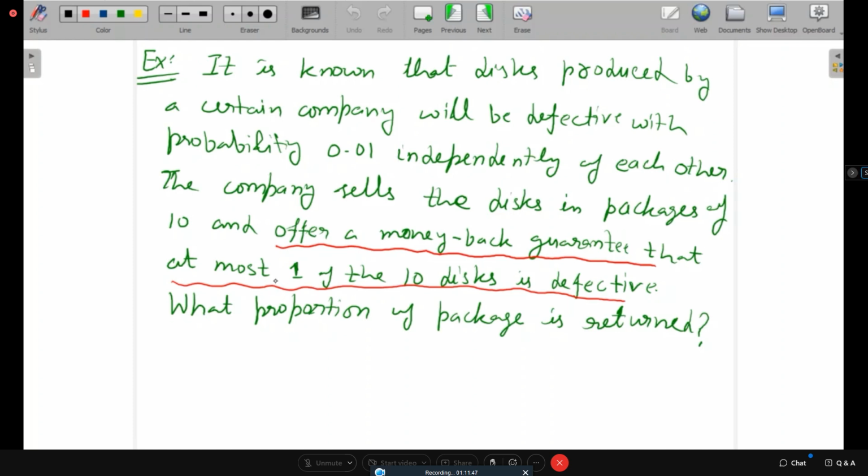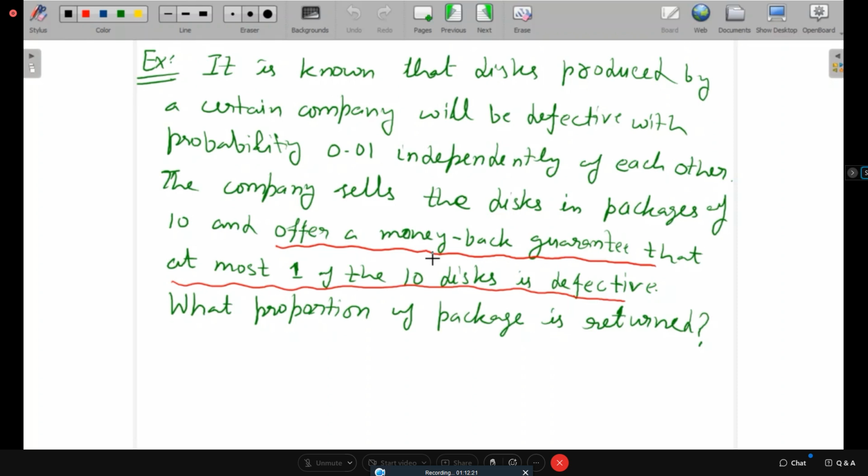And what the company is doing is offering a money back guarantee that at most one of the 10 discs is defective. It means that if more than one disc is defective, that is x greater than or equal to 2, then it will give you the money back.